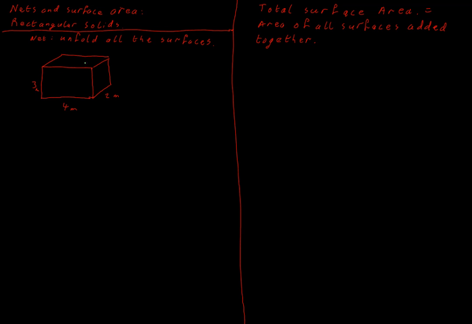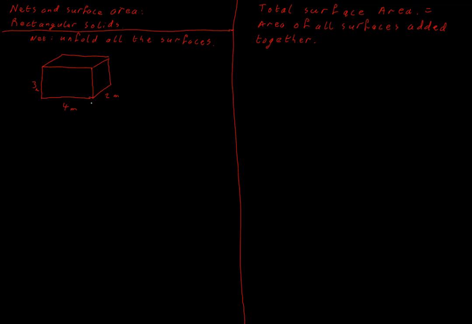Well, I'd have this rectangle on top here. I'd have this rectangle on the front. I'd have the same one. I'd have another rectangle on the bottom. I'd have one behind here where I can't see. I'd have the side that I can see here, and I'd have another side that I can't see back here. So if I unfold those sides, what's it going to look like?